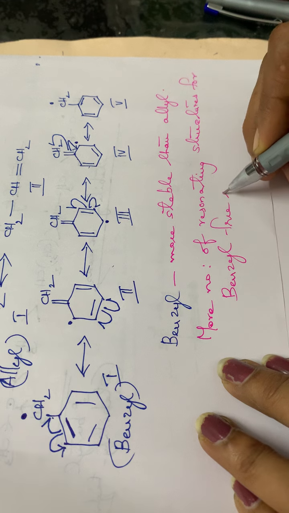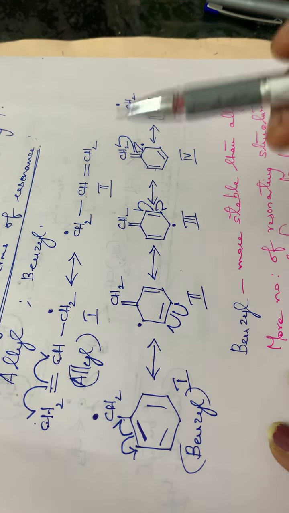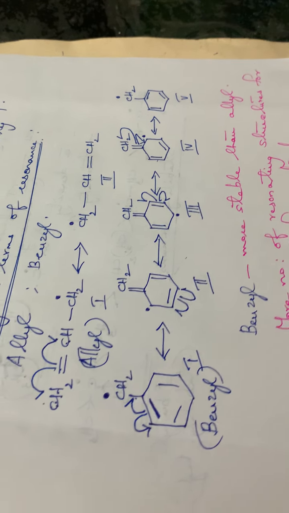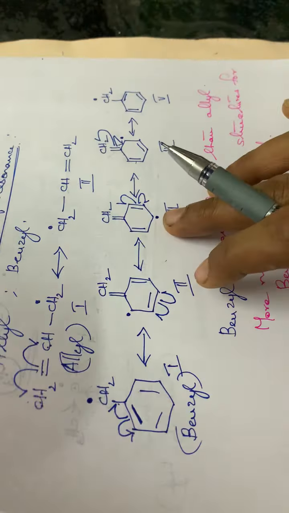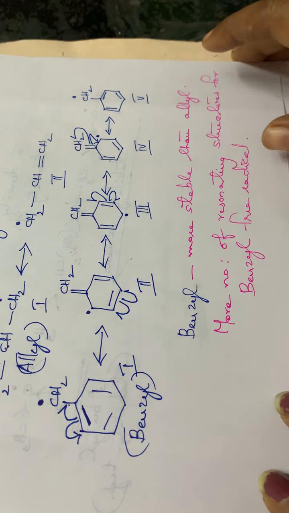Free radical. Okay, so that is the reason. So if asked, you have to draw the resonating structures also. Okay. So as the number of contributing structures increases, the stability also increases.